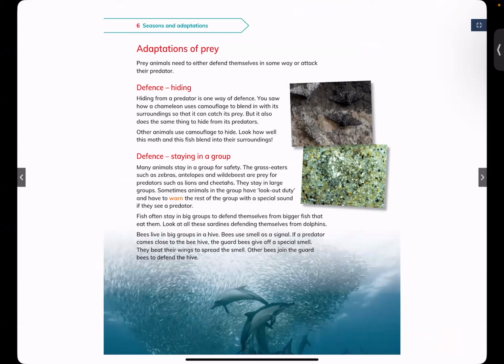They also tend to stay in a group so that they can send warning signals. There are animals who will make a certain noise and warn the rest of the group. Bees use a smell as a signal, so they give off a certain smell, and the other bees are going to smell it and sense that it's danger, and they're just going to leave the place.